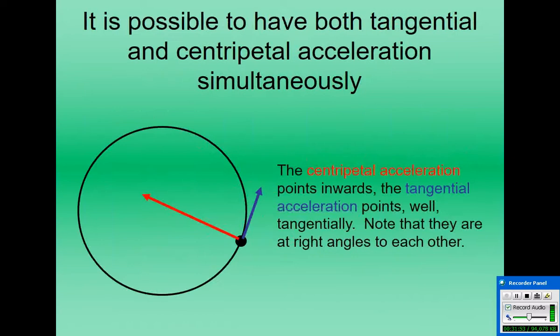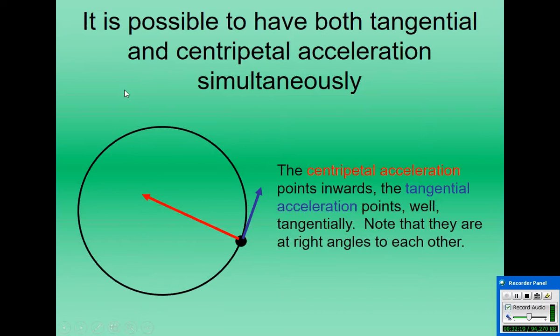If you have both simultaneously, well, there's a drawing. The black spot going around the circle, we have tangential acceleration represented by the blue arrow. It's pointing tangentially to the circular arc. And the red arrow representing the centripetal acceleration points directly towards the center of the circular path.